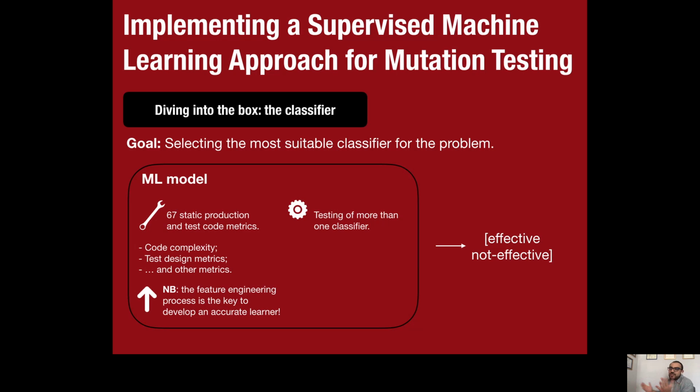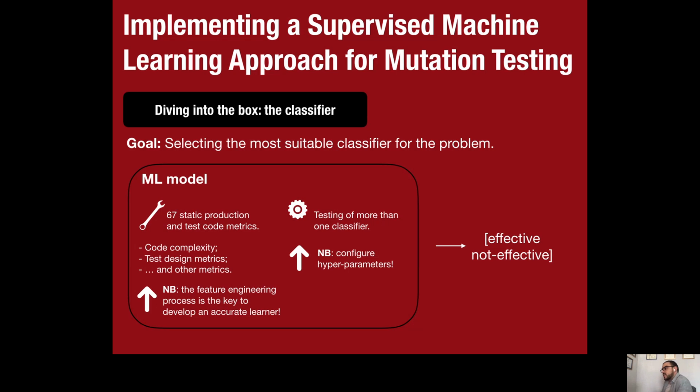In most cases, you don't have any idea of what is the most suitable machine learning algorithm, and therefore you may want to test more than one classifier and see which of them work better for the problem of interest. And this is exactly what we have done with this work. We have tested a number of different machine learners. In particular, we tested three of them.